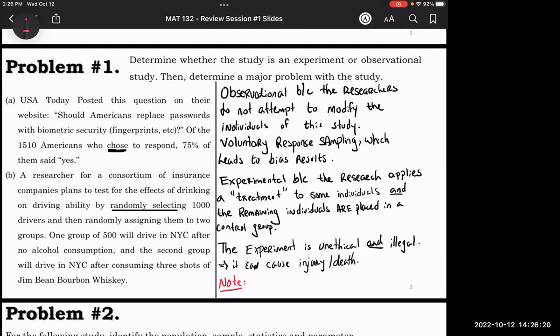So I'm just going to write that as a side note. Then I'll entertain any other questions. And if there's no other questions, we'll move on to problem 2. So let me just write this note down. A retrospective study might be a better approach.